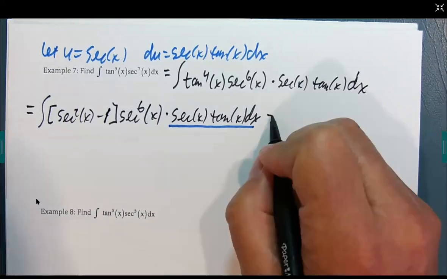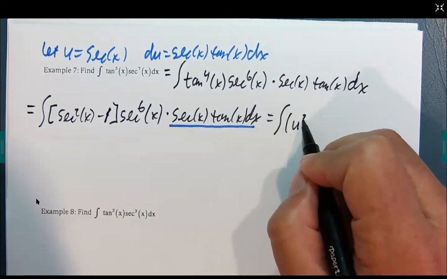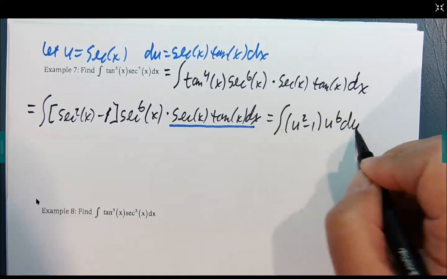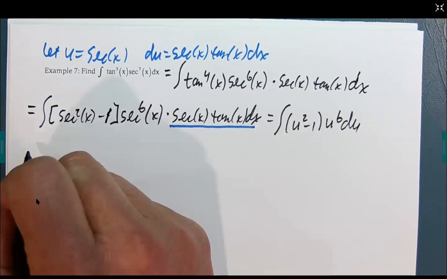So this becomes the integral of u squared minus 1 times u to the 6th du. So you're kind of getting a flavor for why we're calling it manipulation. That's what it is. I'm going to go ahead and distribute that u to the 6th.